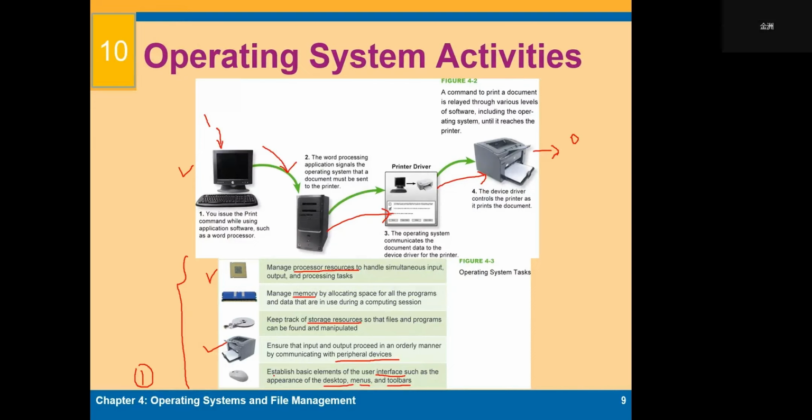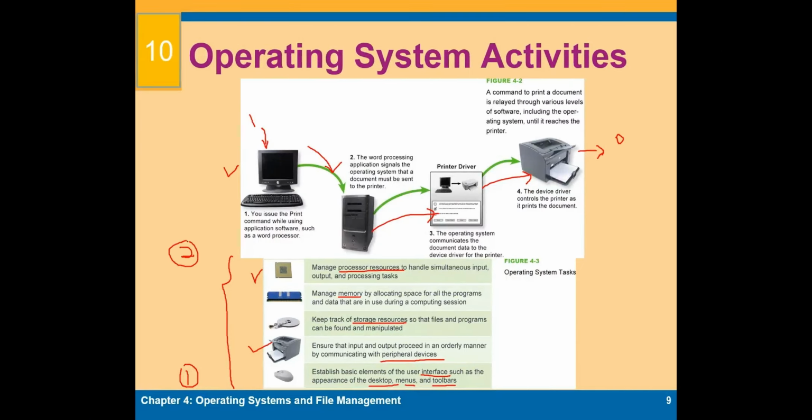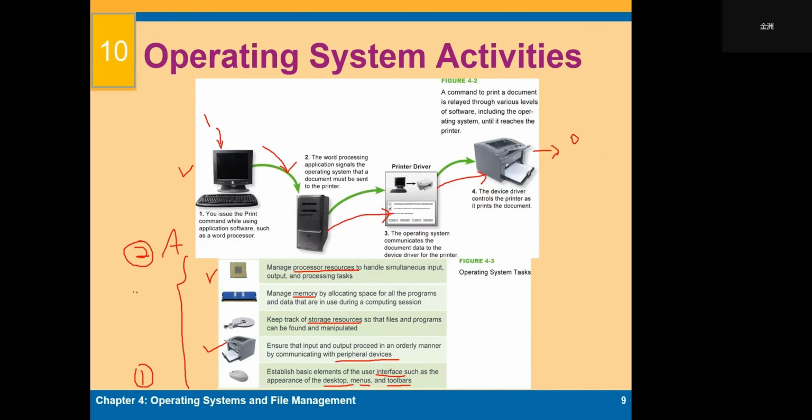Most operating systems support multitasking, or the ability to switch between different applications stored in the memory. And the third is to manage the resources and the memory. Okay. So we can categorize the basic functionalities of the operating system into three groups.